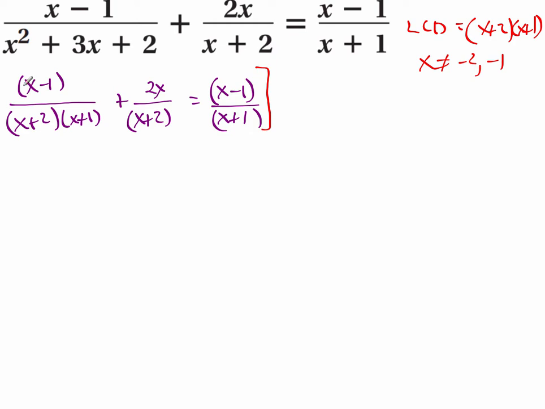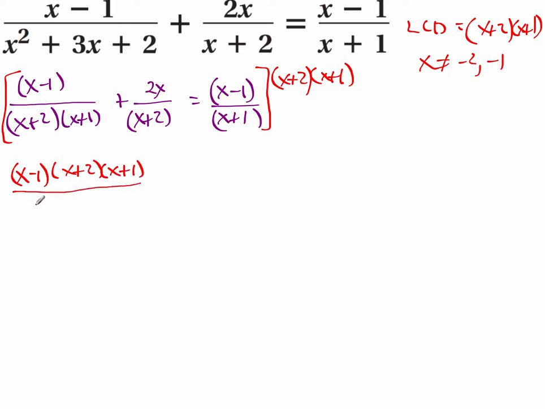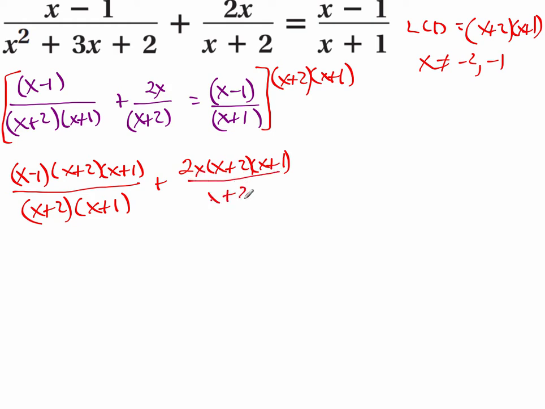So now I'm going to multiply this whole thing through by (x plus 2) times (x plus 1). So when I distribute this, I've got (x minus 1) times (x plus 2)(x plus 1) over (x plus 2) times (x plus 1), plus 2x times (x plus 2)(x plus 1) divided by (x plus 2).